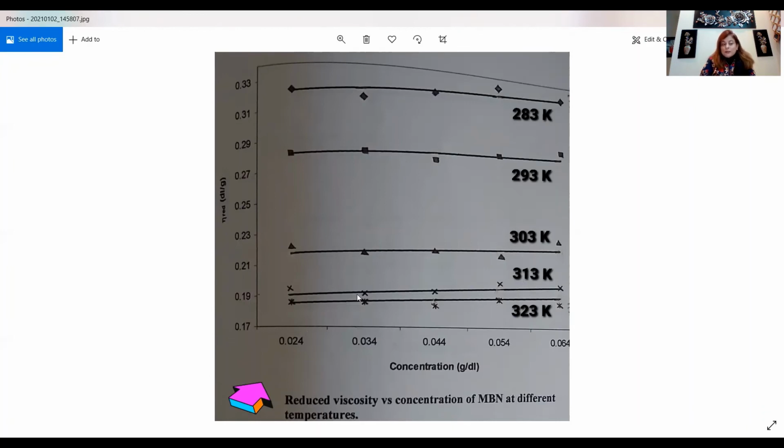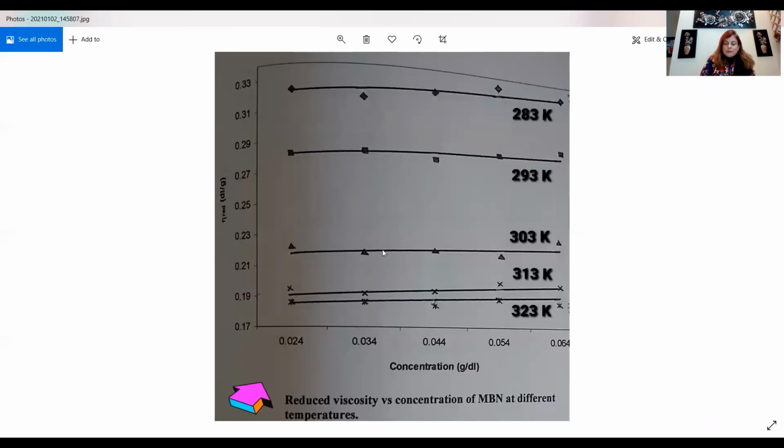But when the temperature is raised, from 283 to 293, 303, 313, and 323 Kelvin, the frequency of vibration of the molecules increases, which prevails over some of the attractive intermolecular forces. Hence, the internal resistance to flow decreases, and molecules become more mobile.